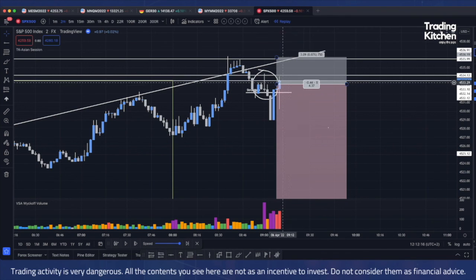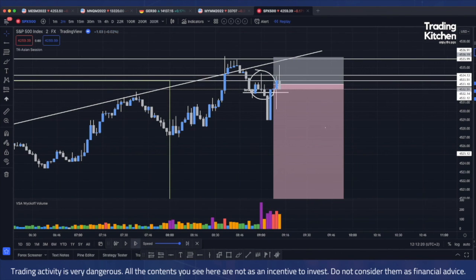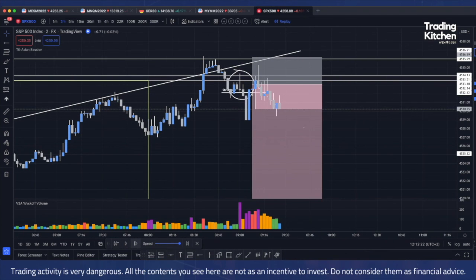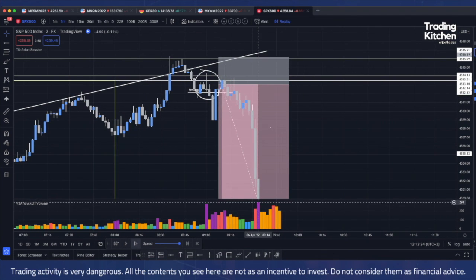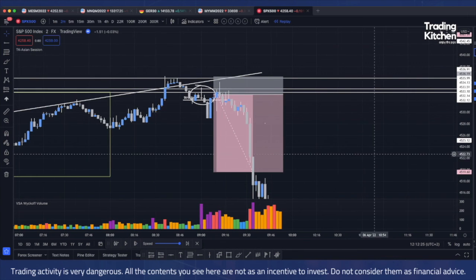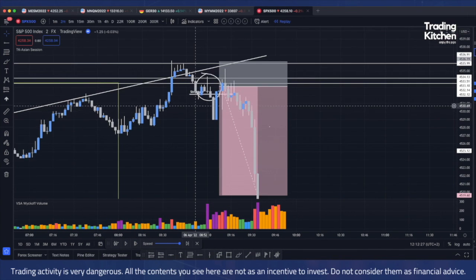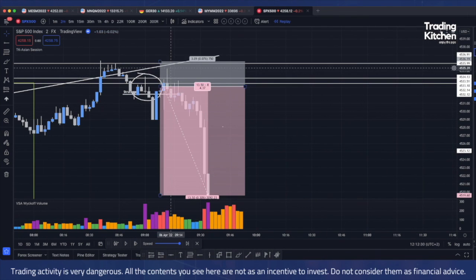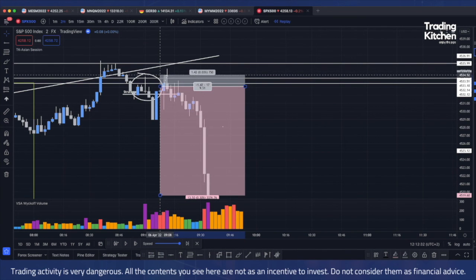Our order is filled, and great movement. Okay, well, notice that if you move a stop loss here, this is another manipulation, guys.